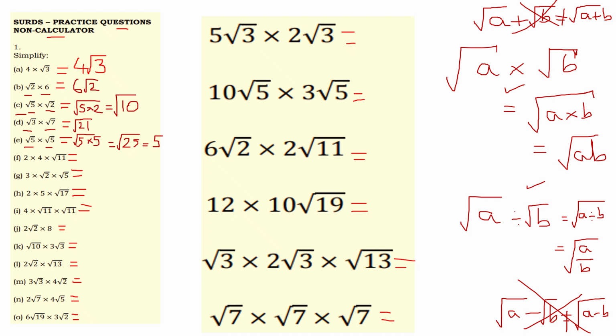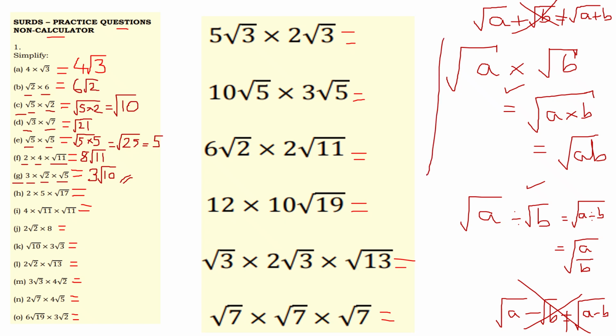Next up, part F, 2 times 4 times root 11. Well, 2 times 4 is 8, times root 11 is 8 root 11, or 8 lots of root 11. Part G, 3 times root 2 times root 5. That'll be 3 lots of root 10, so 3 root 10. 2 times 5 is 10.